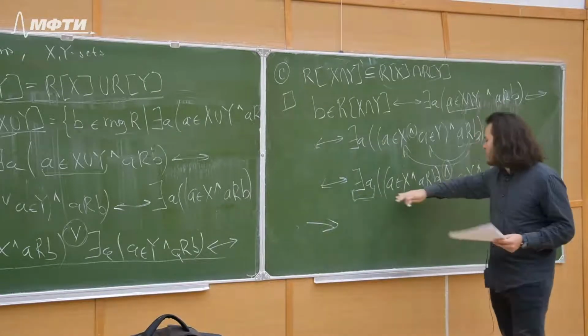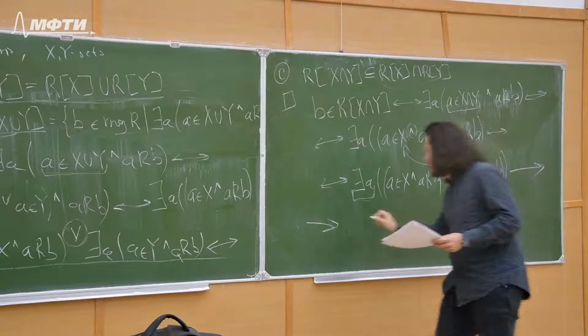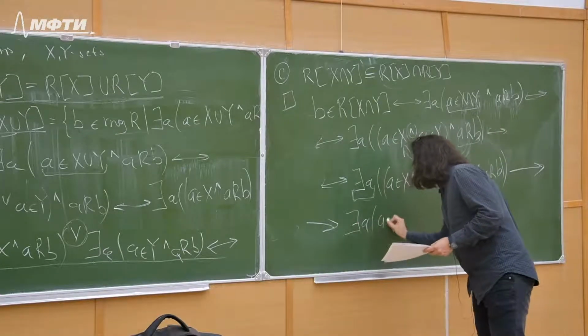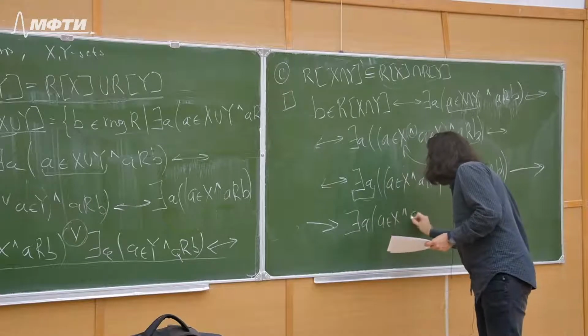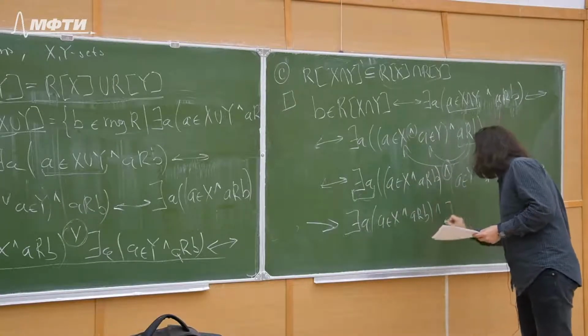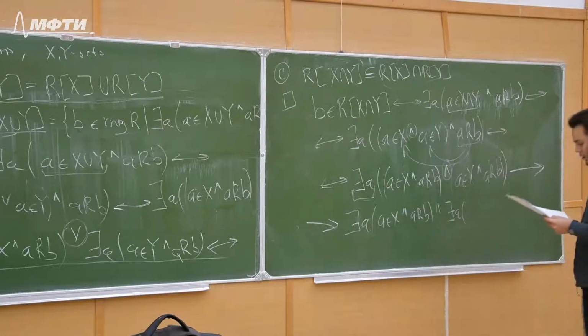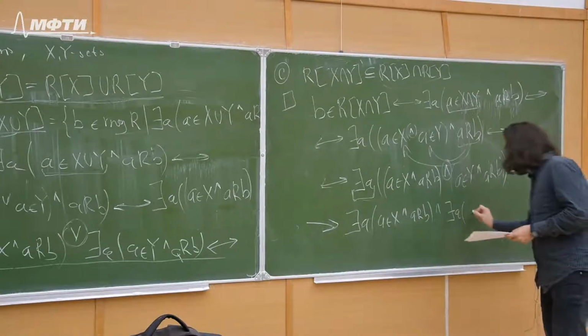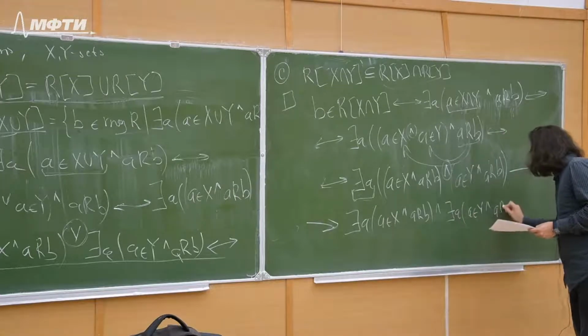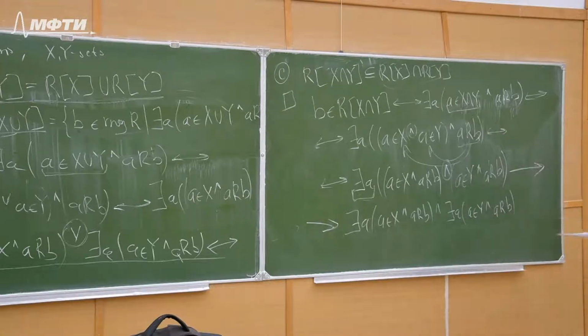I mean that this holds and this holds. So this implies that there exists A such that A belongs to X and A R B, and there exists A such that A belongs to Y and A R B.